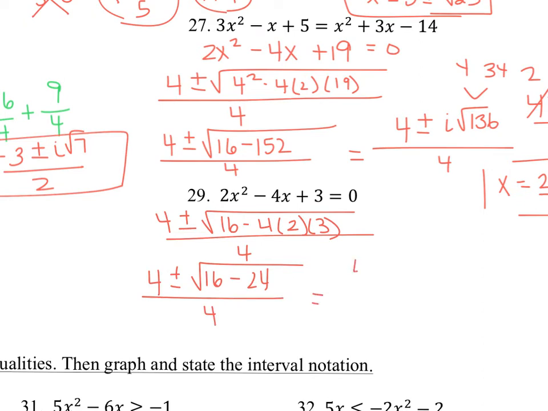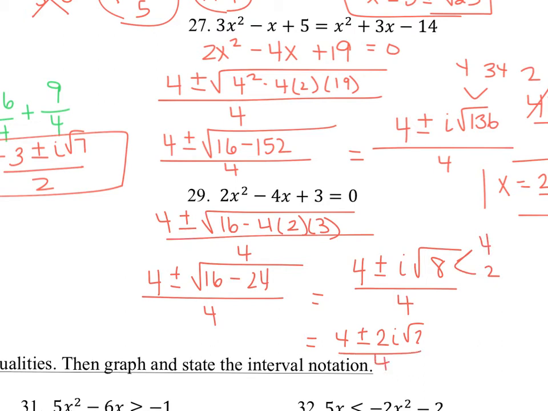Now I have 4 plus or minus i, because I know it's going to be negative. 16 minus 24 is 8, all over 4. So I have 4 plus or minus 2i rad 2, because this is 4 and 2, all over 4. And now it's the exact same thing. It's going to be 1/2, and to keep the denominator, I have to keep it the same. So it's going to be 2 plus or minus i rad 2, all over 2.